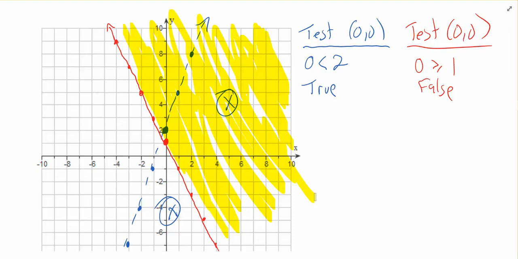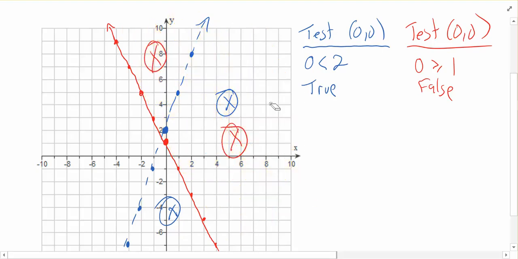So if we look back to the original X, the original cross of my red and my blue line, what's shaded here are those two chunks.